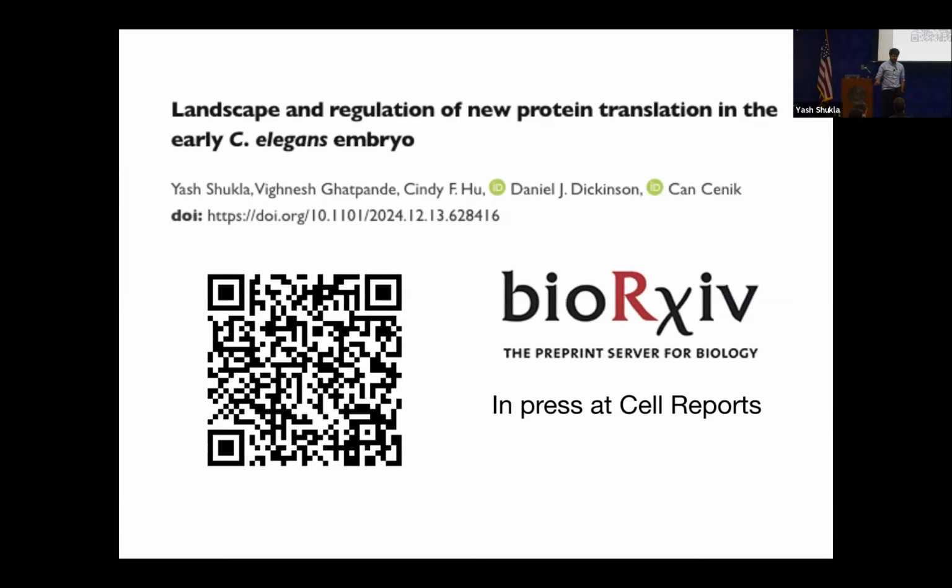One of the things that happens during early embryogenesis is there are a lot of asymmetric divisions in which the RNA binding proteins are divided separately. And so depending on which RNA binding protein is present in what stoichiometry, you can define the TE of that particular transcript. There is also a lot of phosphorylation and changes happening on these mRNA binding proteins that regulates the translational efficiency of these different mRNAs.